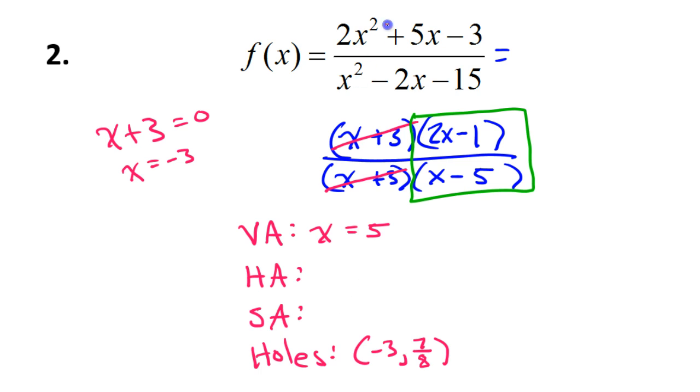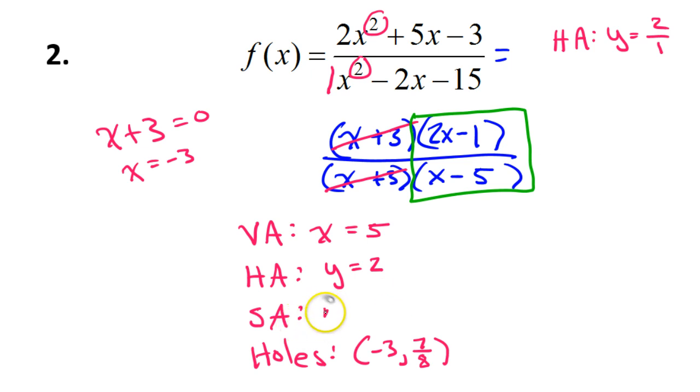It's all about the degree. The degrees are the same, 2 and 2. Recall that when the degrees are the same, that's when you get the horizontal asymptote by dividing the leading coefficients. So the horizontal asymptote is going to be y equals 2 over 1. So that's going to be y equals 2.